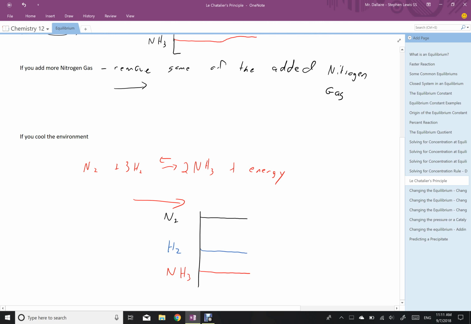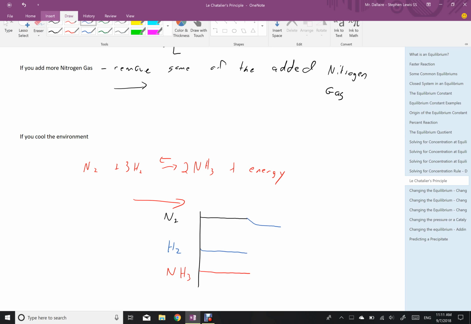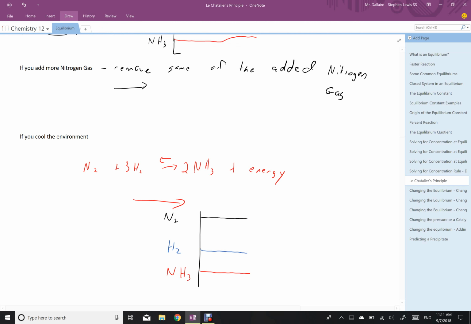So it's going to go to the right, which means I'm going to get less nitrogen, and then I'll come back to equilibrium. Less hydrogen. And more ammonia. The system will probably end up a little bit colder than it was to begin with, but not as cold as it would have been had the equilibrium not shifted. The equilibrium shifts to try and keep the change from being too great.